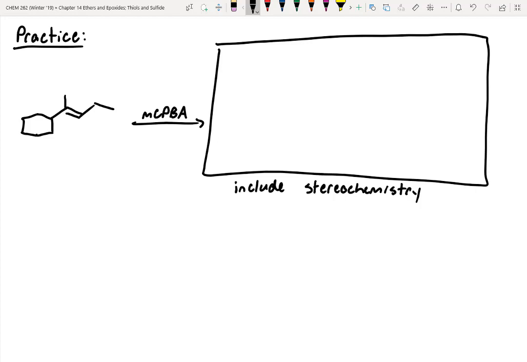I'll get you started too. What I normally like to do is just make my epoxide as is. We know each of those carbons will have a dash and a wedge coming off of them like that. And then the question is, well, what's coming off of each of these positions? And do we need to worry about enantiomers?